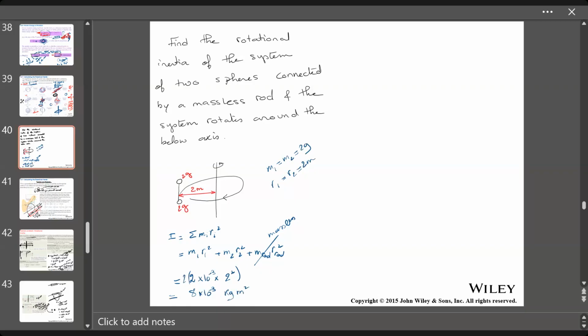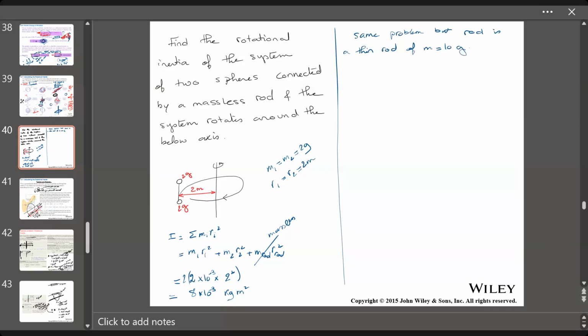Yes. Now, let's say the rod is not really massless. Same problem, but the rod is a thin rod of mass equal to, I don't know, 10 grams.